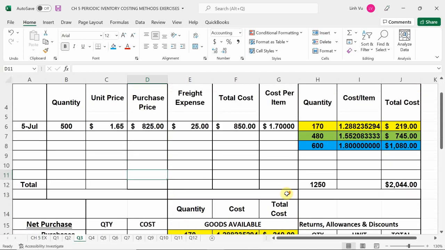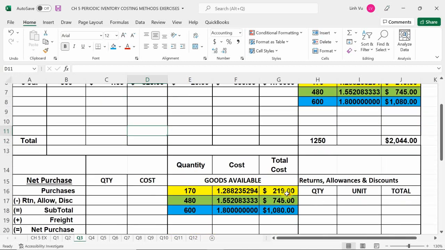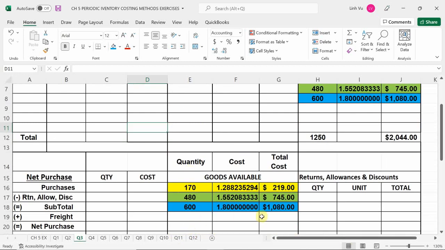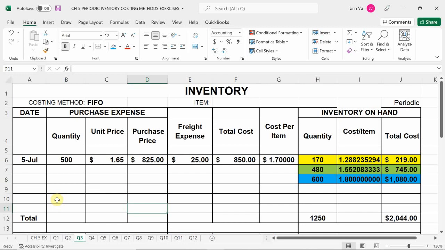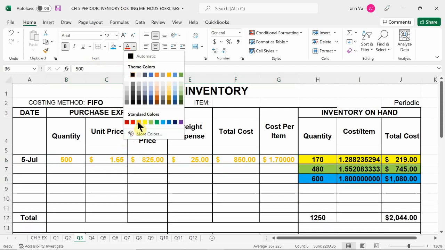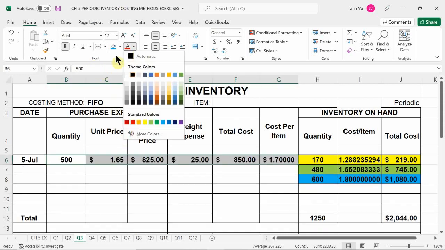But at the end of the day, if you do get returns and allowances, you're going to have to adjust it accordingly by subtracting out what you need to subtract. So I usually wait until I know for a fact that something has changed, and then I post it afterwards when I see that change. Okay, so in this case, we can make this an orange color because we haven't used orange yet.